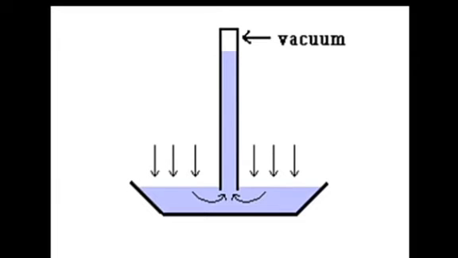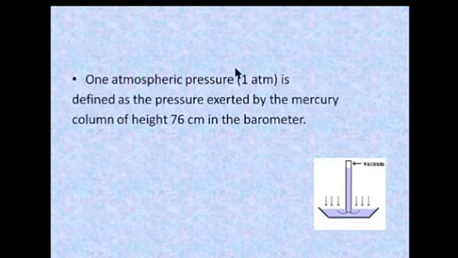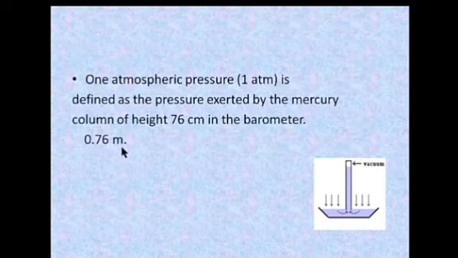The pressure exerted by this mercury column is considered as 1 atmospheric pressure. So, 1 atmospheric pressure is defined as the pressure exerted by the mercury column of height 76 centimeter in the barometer. That can also be written as 0.76 meter.